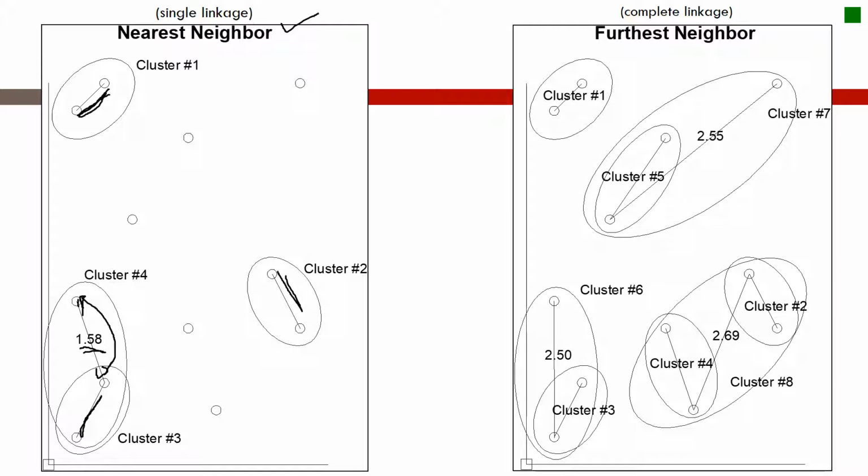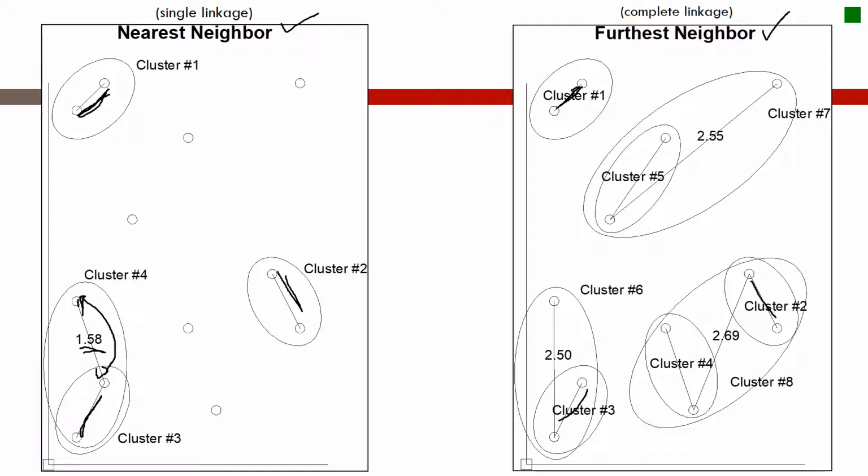The furthest neighbor approach, again, we'll look for distances that are greater, and the approach will maybe be more complete here. So number 1 goes here. Number 2 is the same. Number 3 is the same.